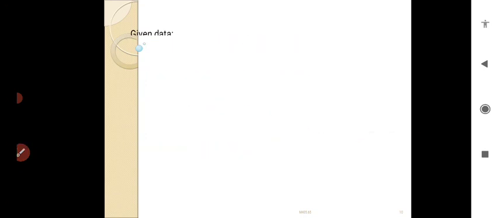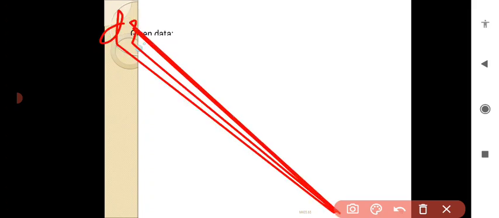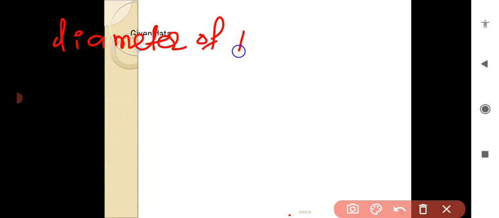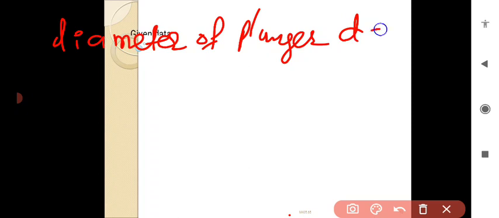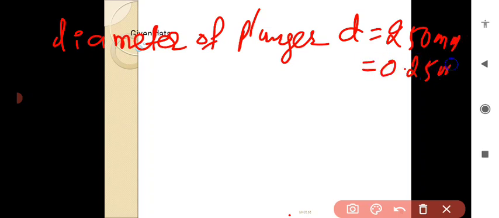First we have to write the given data. The diameter of the plunger, small d, is equal to 250 mm, that is equal to 0.25 meter.